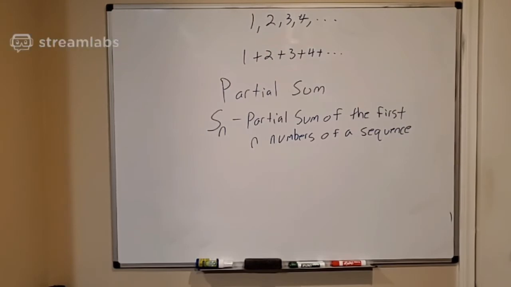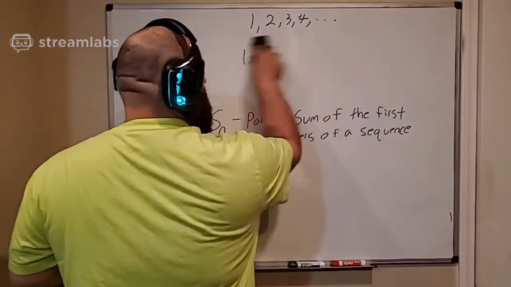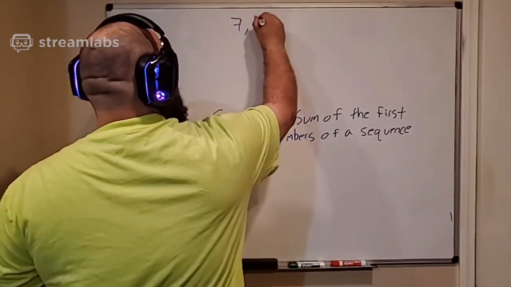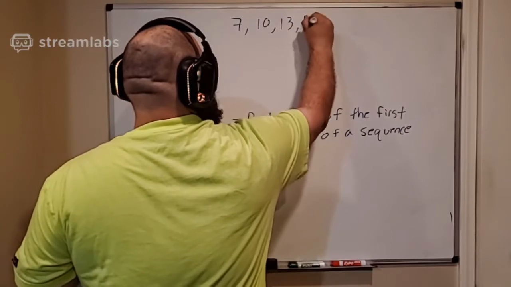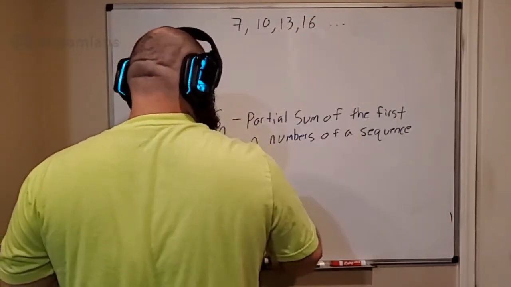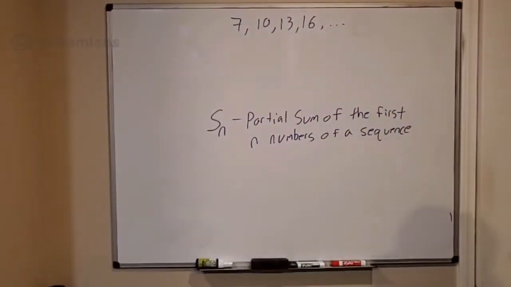I will leave the definition for a second for Navee's still writing. So we'll start off really easy. We're given a sequence of 7, 10, 13, 16, dot, dot, dot. Like I said, just do the first S sub 4.